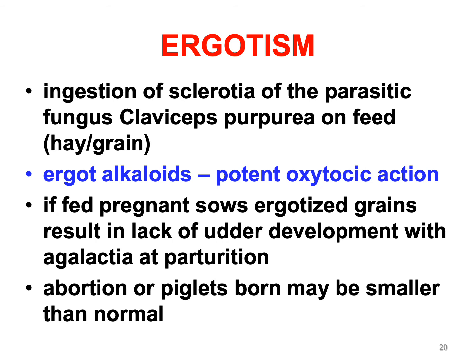If fed to pregnant sows, ergotized grains result in lack of udder development, with subsequent agalactia at parturition and emaciation of the newborn, and the piglet mortality will increase, but it may also cause abortion or piglets born with smaller body weight.